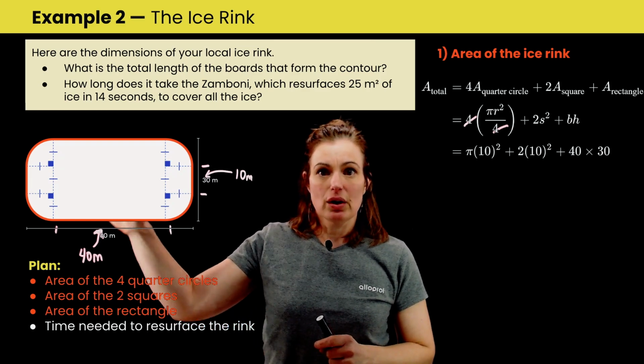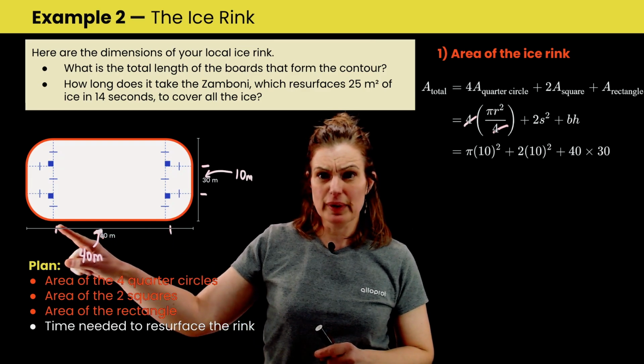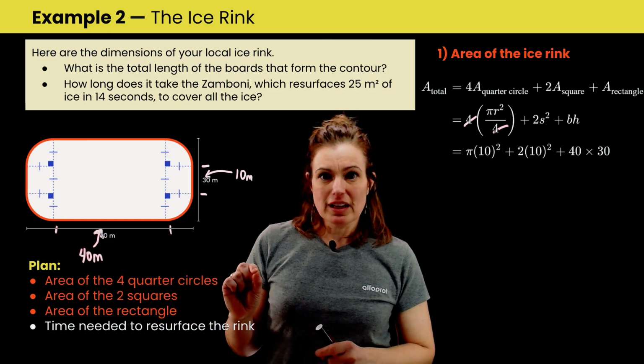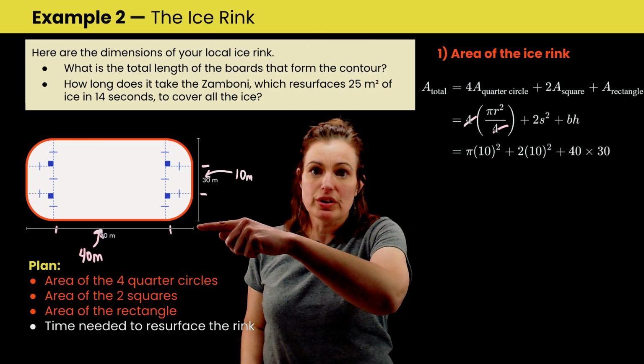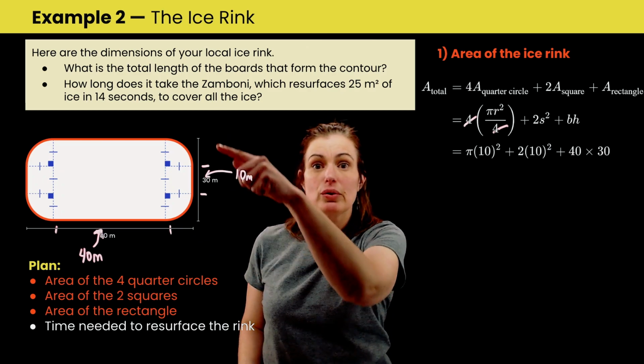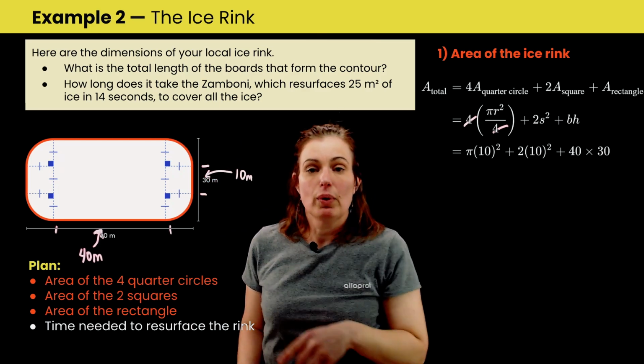So remember, it's the area of that inner rectangle. And the inner rectangle has 40 length right there. But for this calculation, we actually have to use the whole distance between the 2 sides there. So that's why we're going back to using 30 there, right? Because we want to get that white rectangle in the middle.